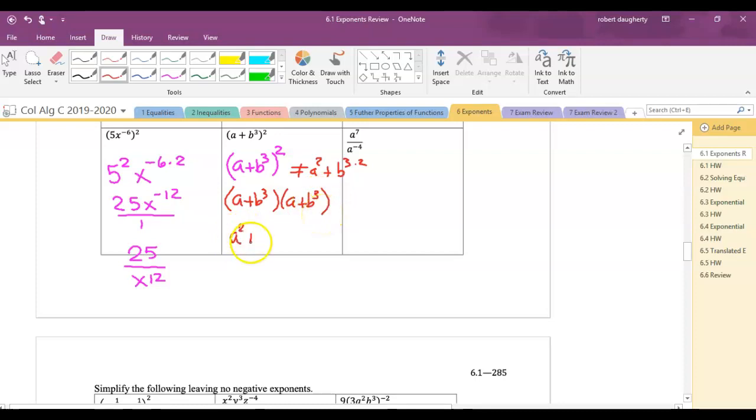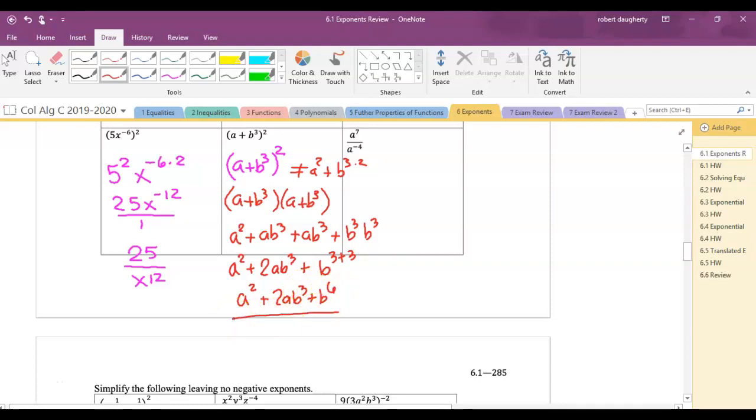This is a squared plus ab cubed plus ab cubed plus b cubed times b cubed. So this is a squared plus 2ab cubed plus b to the 3 plus 3. So that's a squared plus 2ab cubed plus b to the 6th.